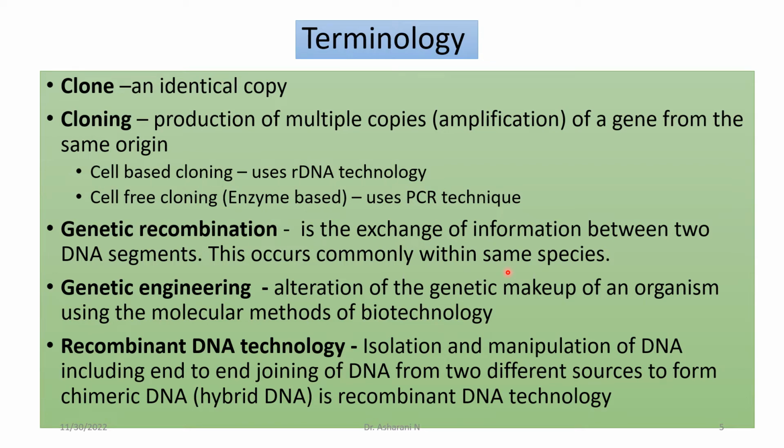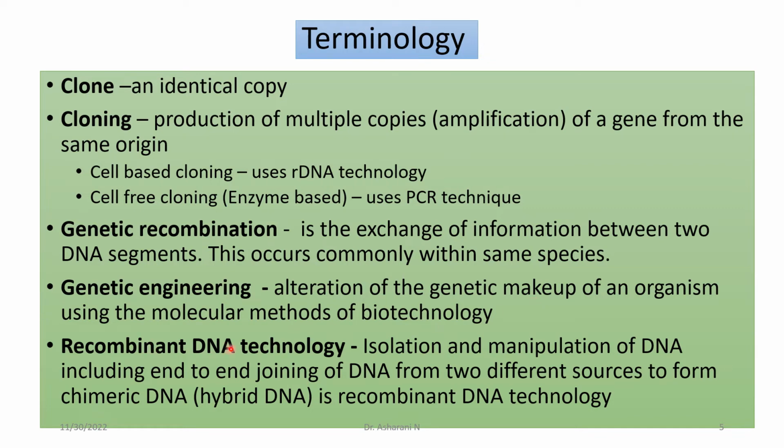Now coming to genetic engineering, it's an alteration of the genetic makeup of an organism using various biotechnology methods. Here you are altering the genetic makeup, and you can use two different species.